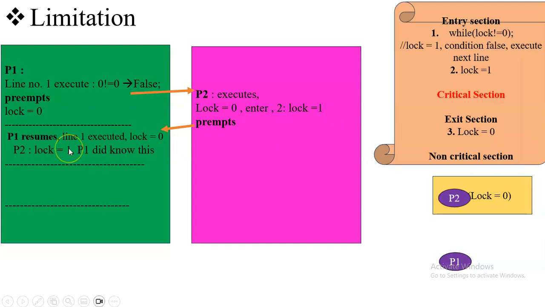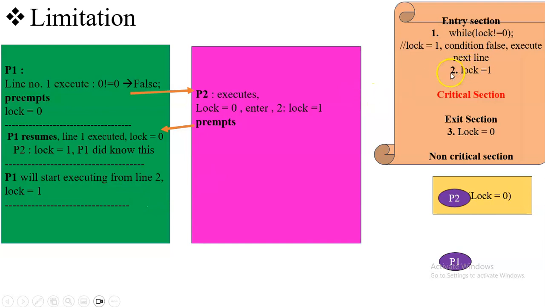But P1 does not know that P2 has performed this lock equal to 1. P1 resumes its execution. Now P2 has made the value of lock equal to 1. P1 did not know this. So what happens? P1 will start executing from line 2.